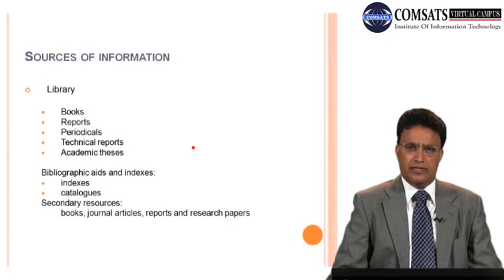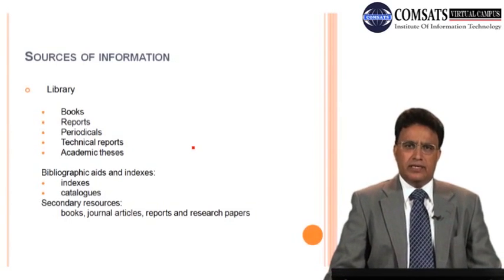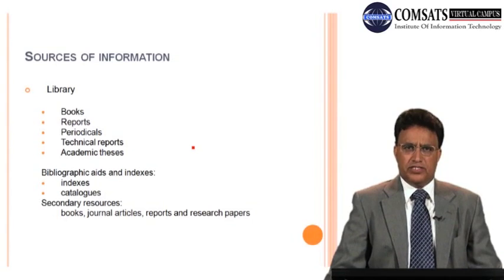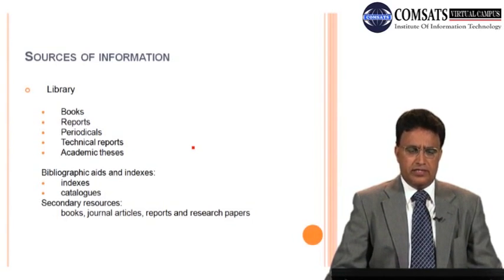Then there is a section for technical reports written on different areas, and another section specifically reserved for academic theses, what other people have written. So the library provides information in the form of books, reports, periodicals, technical reports, and academic theses.